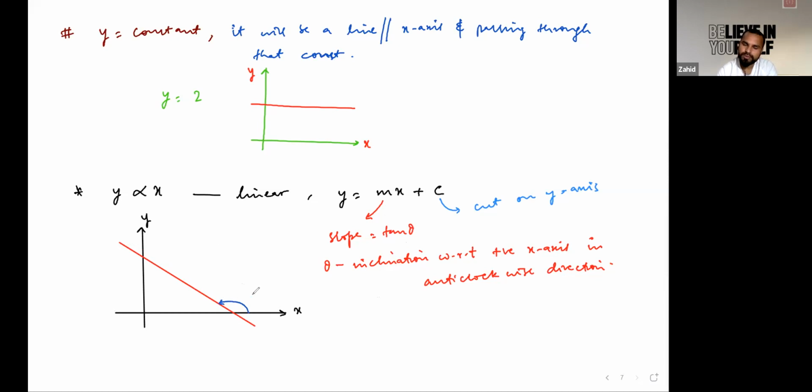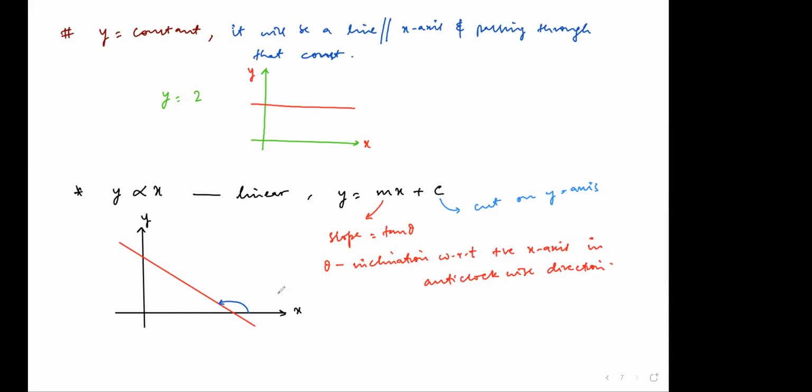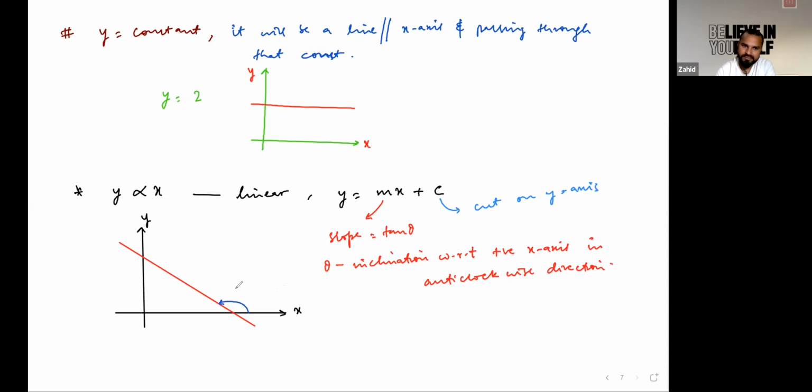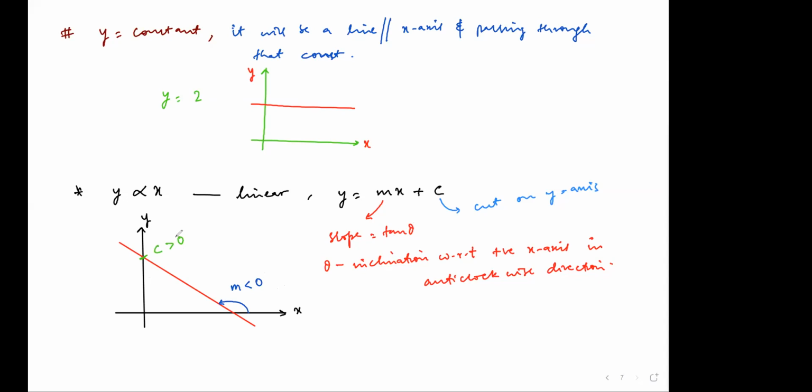Is it an acute angle or obtuse angle? Obtuse angle. For an obtuse angle, tan theta would be negative, so the slope will be negative. Next, c defines the cut on the y-axis. It is at this point, which is above the origin, so this would be positive. Is it clear? Yes, sir.